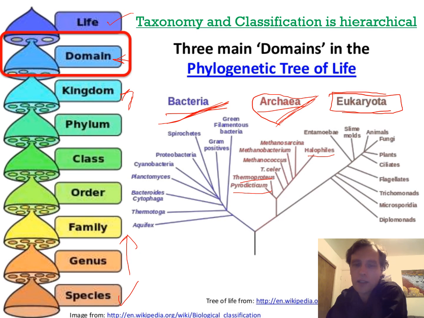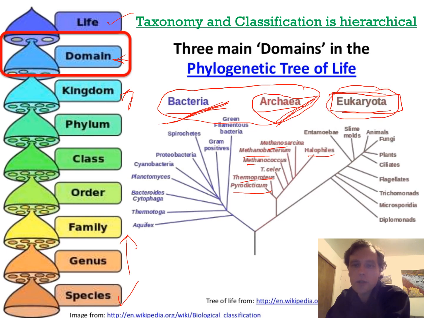Methanococcus, that is definitely going to be a single-celled archaean. They're all single-celled, but a single-celled archaean that lives in an environment rich in methane, and then these ones are also the same thing, Methanobacterium, Methanosarcina, etc. So, no nucleus, yes, has a nucleus.